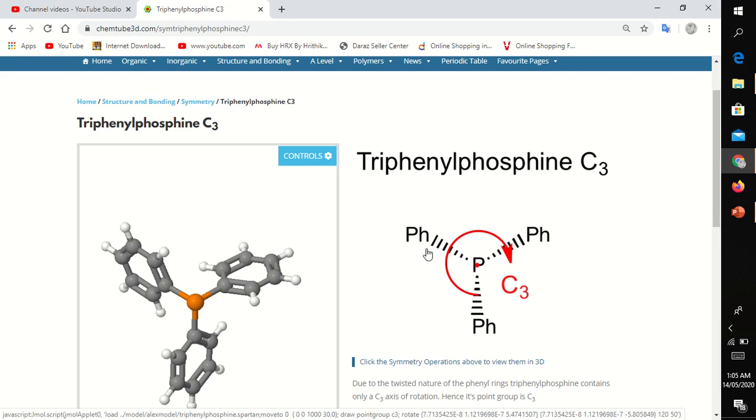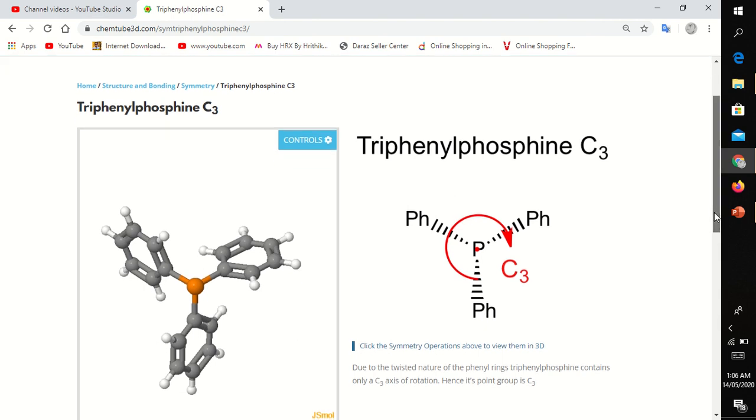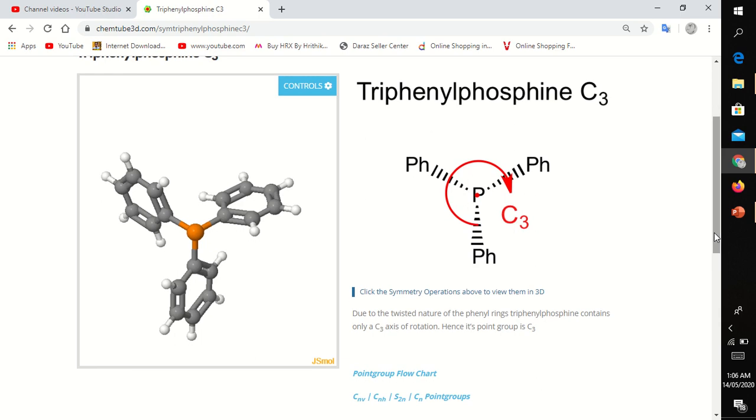If you rotate this molecule, for example this phenyl would definitely come over there and the C3 rotation will complete. What happens if we rotate C3 twice, C3 two times? This phenyl will definitely join the place of this phenyl, and there is also an indistinguishable shape from the parent molecule triphenylphosphine. So the axis of rotation for C3 and C3 twice is similar.